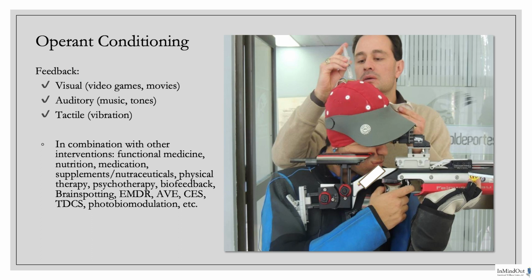Now, we also do this through a specific feedback, and that feedback is visual, meaning the person can play a video game and control the video game using the brain. They can watch a movie and control what happens in the movie by using their brain activity, and also use music or tones. Any type of feedback that we provide the client with, it's controlled with the brainwaves alone.